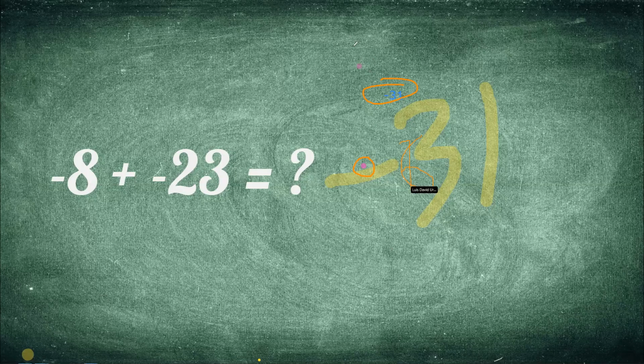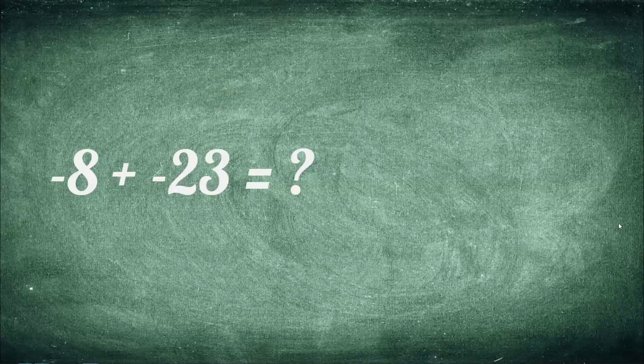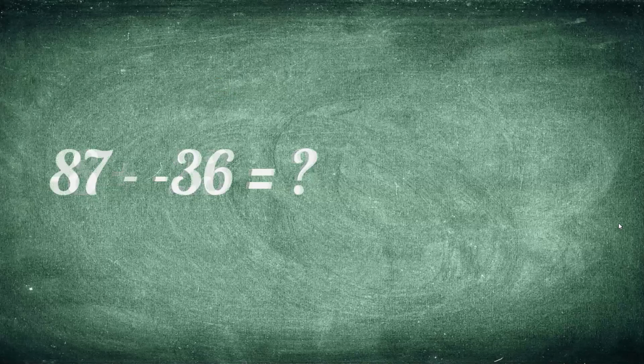Experiment with it. But these are good options. Again, these aren't necessary. I mean, you could just have them type their answers in the chat, or raise their hand. On the next one, we raise the hand. Whoever gets it first, raise your hand, okay? Okay, ready? 87 minus negative 36.